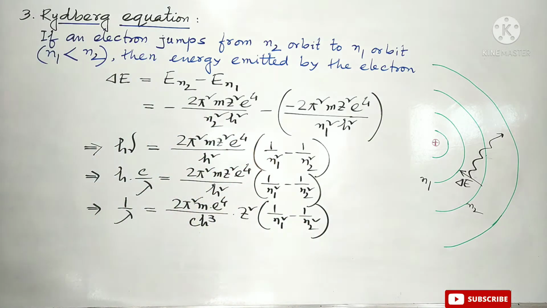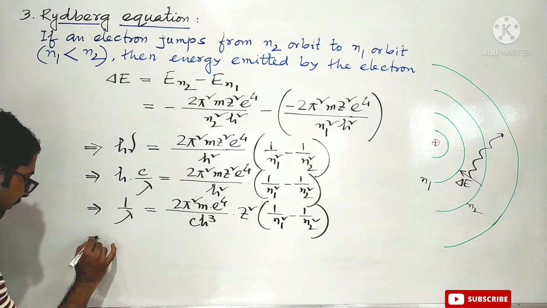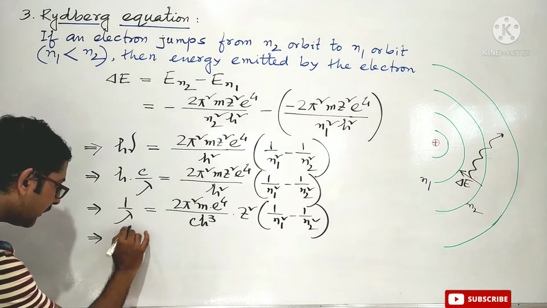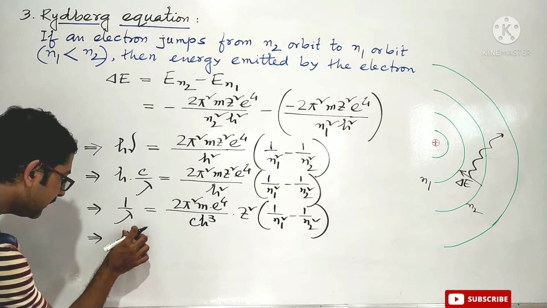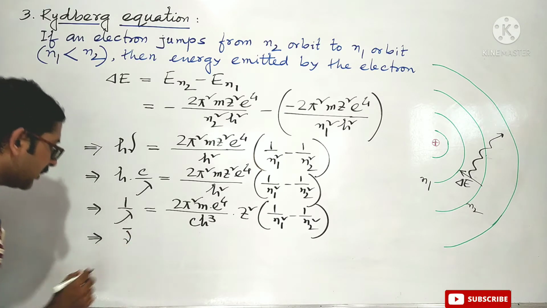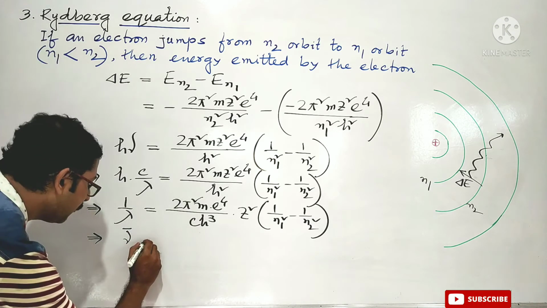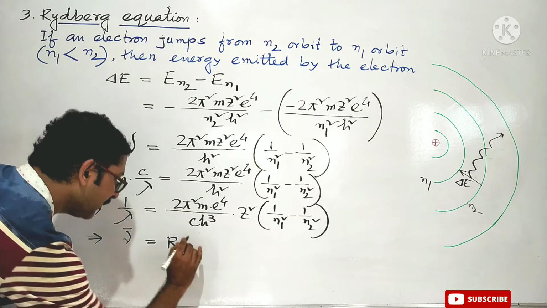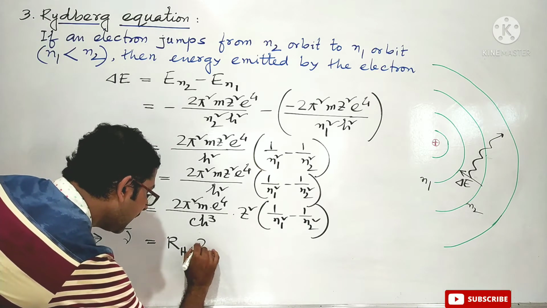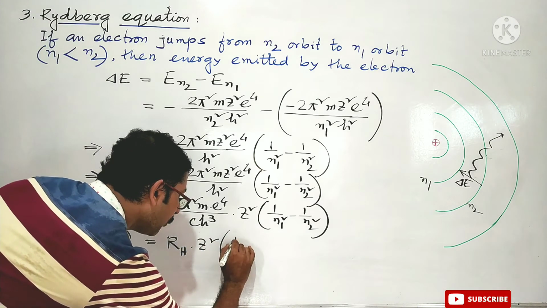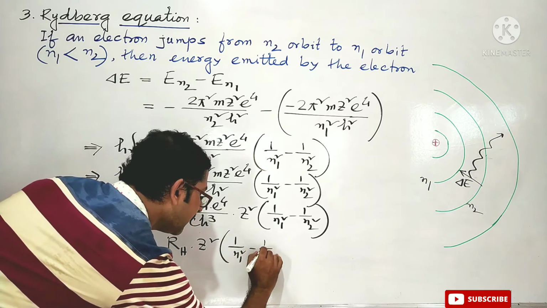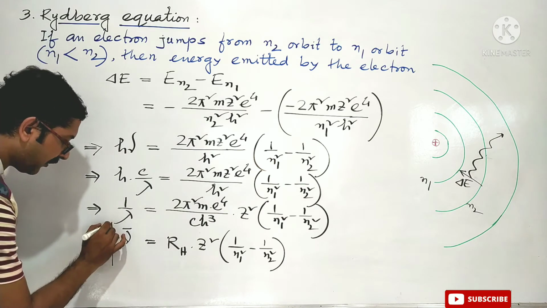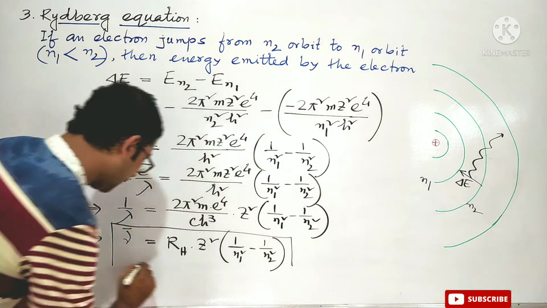Okay, we have almost reached there. This is nu bar, our wave number, represented by nu bar or 1 by lambda. This one equals RH, known as Rydberg constant, into z square into 1 by n1 square minus 1 by n2 square. So this is our famous Rydberg equation.